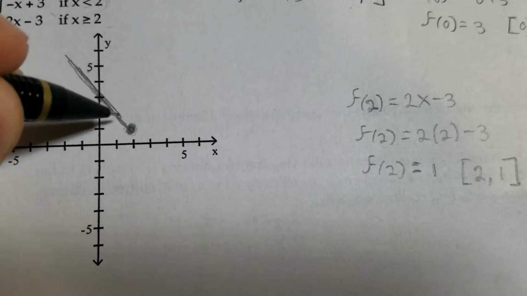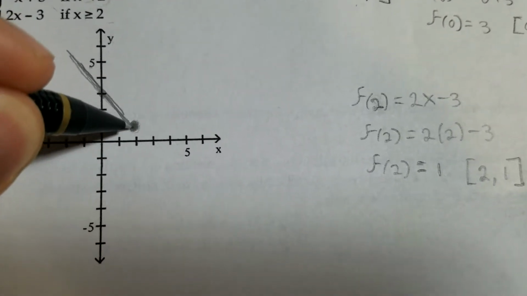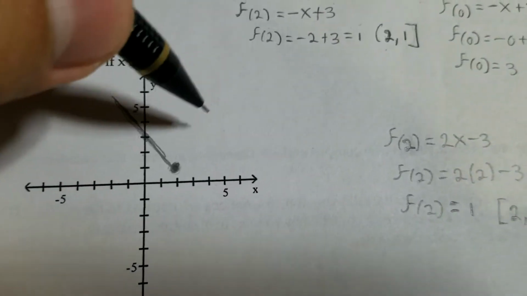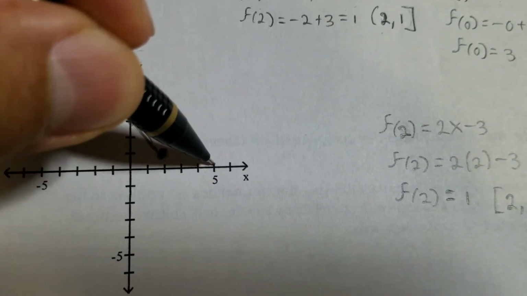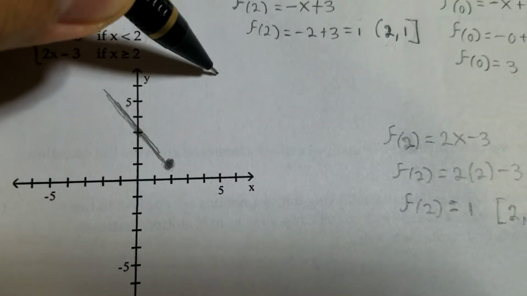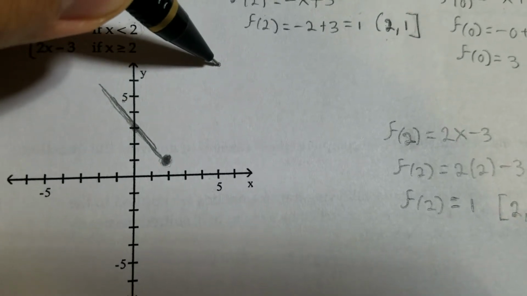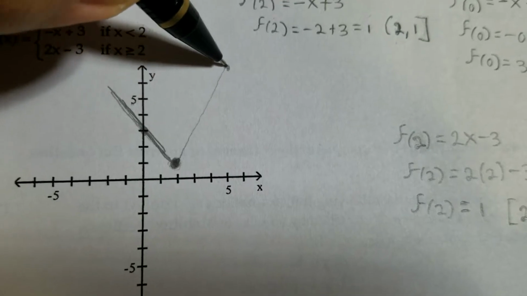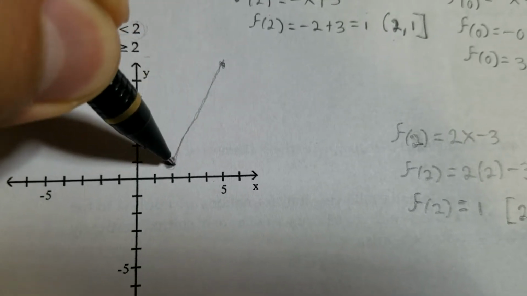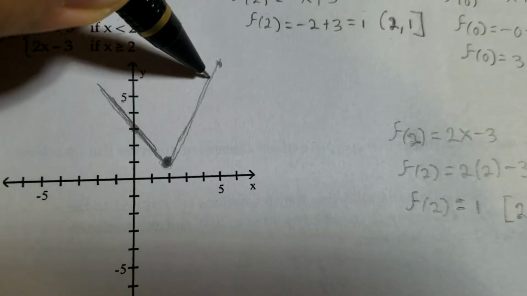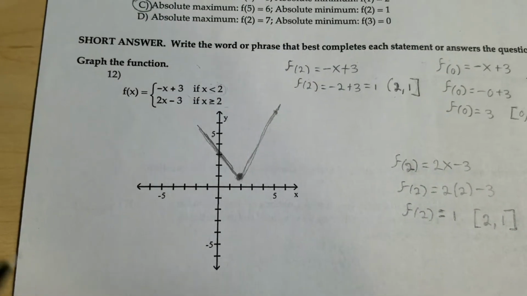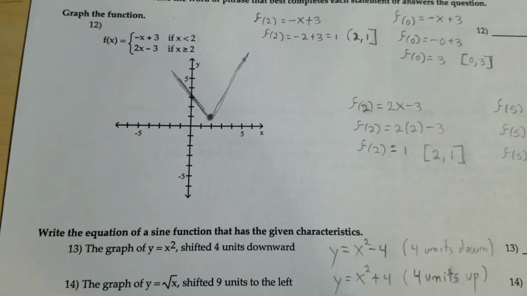So I'm going to close it, and that's going to be my first point, and my second point is going to be at 5, 7. So it's going to be 5 units here and then 7 units up, somewhere around here. Then all you have to do is draw another line to connect those two, and that's it. That's how this graph is going to look, just like that.